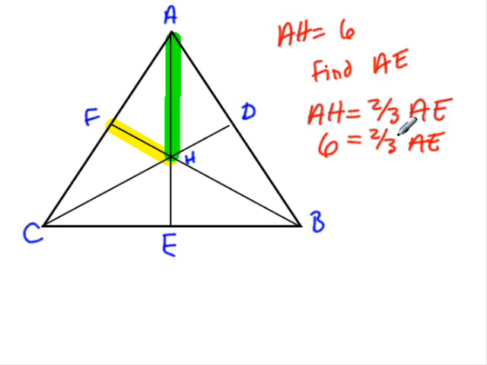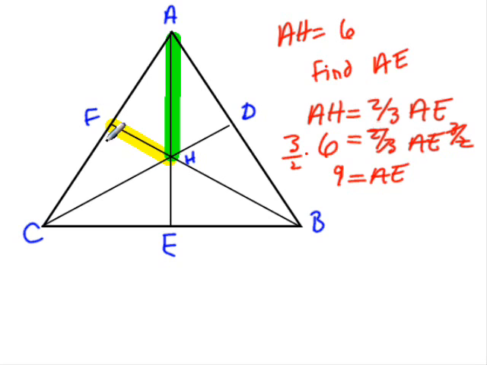Now, how do we get rid of the fraction? Well, we can multiply by the reciprocal, correct? So if we multiply by 3/2 over here, it'll cancel. So then I'd have to multiply by 3/2 over here. So 3 times 6 is 18. 18 divided by 2 gives us 9. Therefore, AE is equal to 9 units.